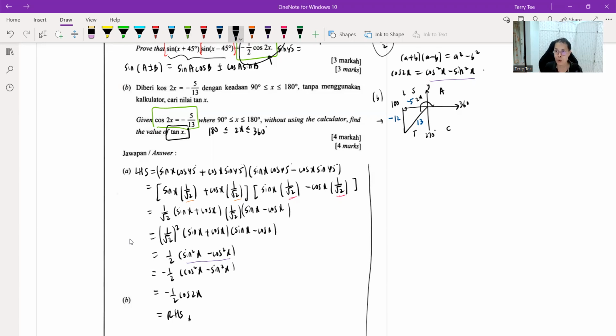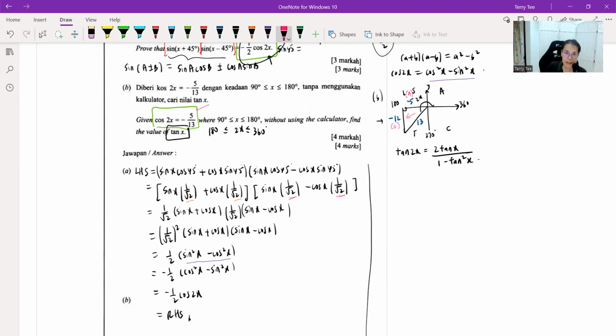I need to first find what is tangent 2x. Now we go back to the formula for tangent 2A. This formula is given in SPM. So it's 2 tangent x over 1 minus tangent square x. And when you read from this triangle, you can see your tangent is your opposite, which is negative 12, divided by your adjacent, which is negative 5.